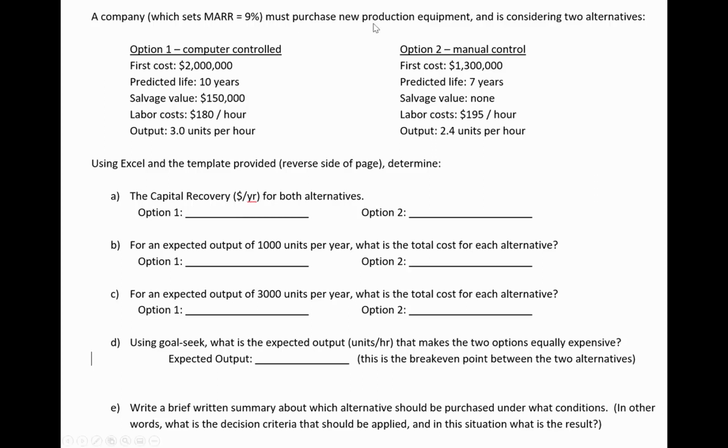So think about the amount of time it would take. And since time is money, quite literally, because of the labor costs, option 2 is going to be more expensive, both because the labor costs are higher and because you've got more hours you're spending for each unit that's being made. Okay, so that's the setup.